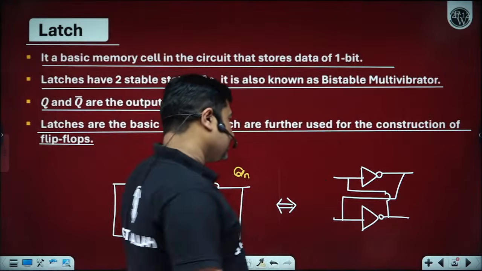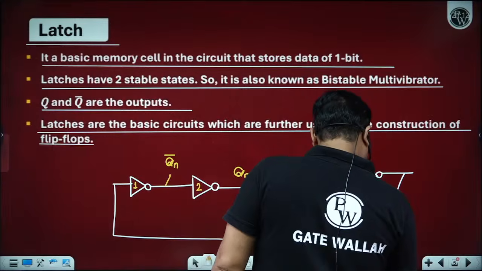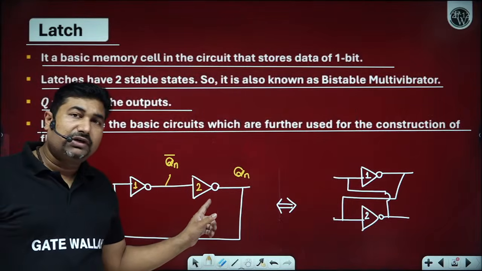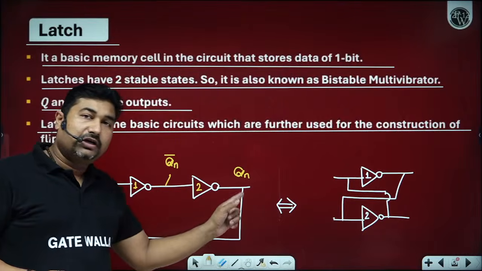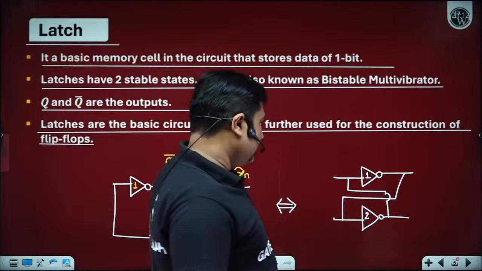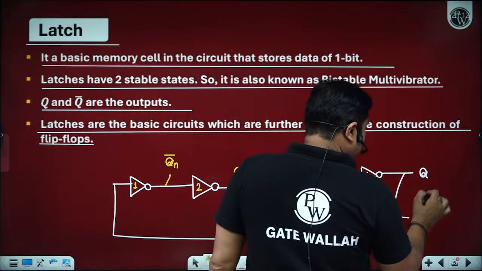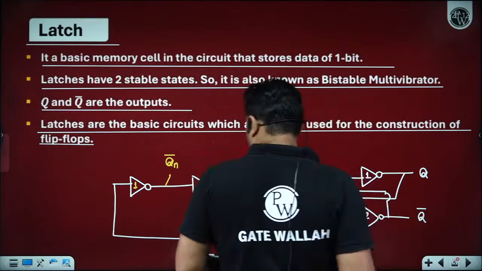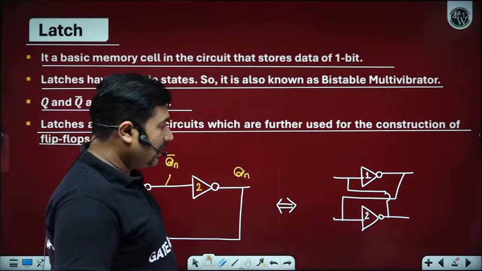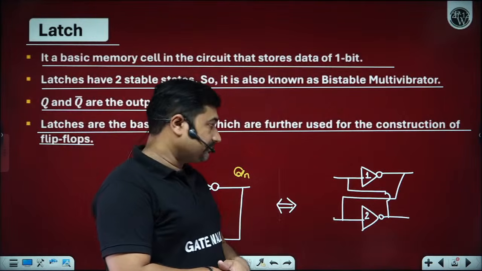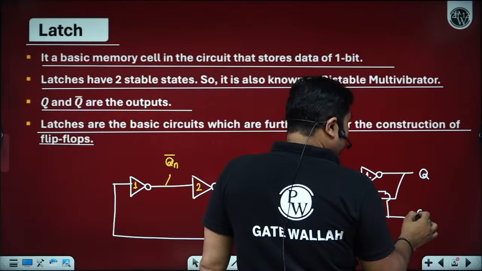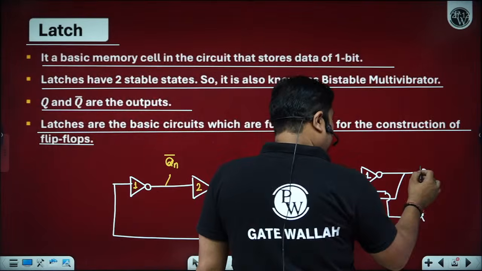Now what happened? This is your inverter 1, inverter 2. So the inverter 1 output is connected to the input of inverter 2, and the output of inverter 2 is connected to the input of inverter 1. Can I represent it like this? Great. We have Q and Q complement, or you can say Q complement and Q. It's up to you. We can say one output is Q and the other output is Q complement, or if you want, you can also represent it like this.